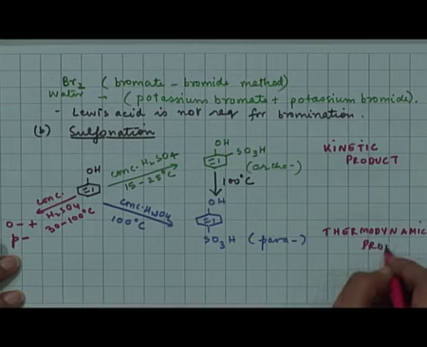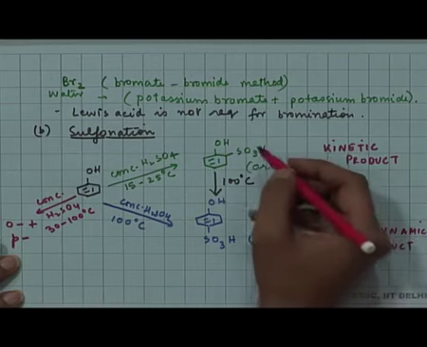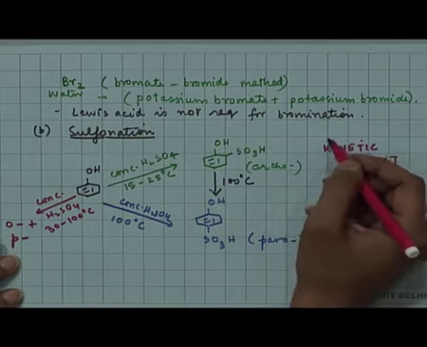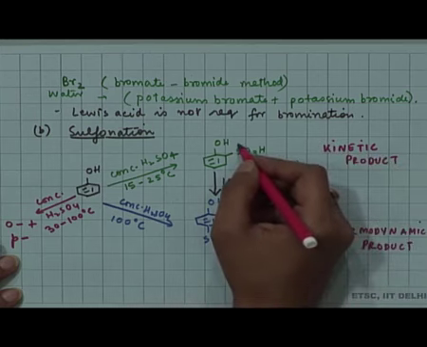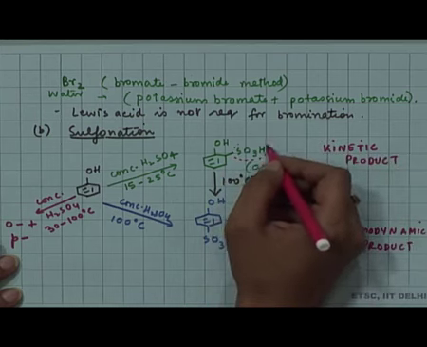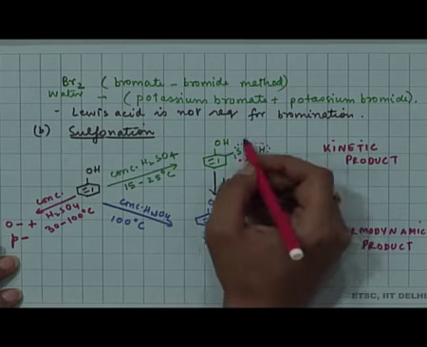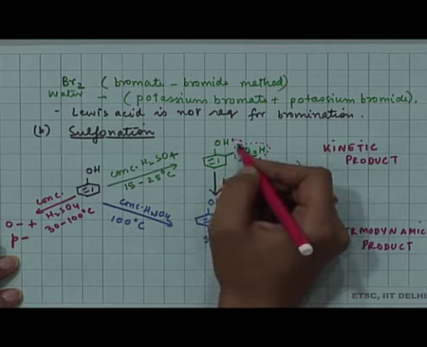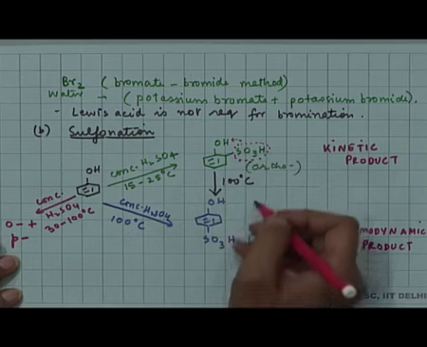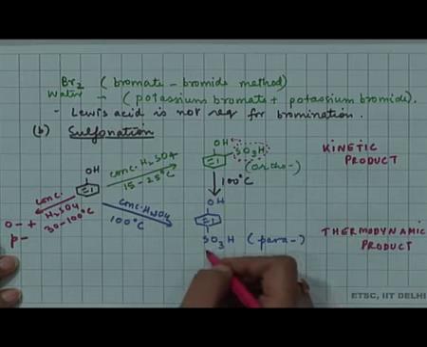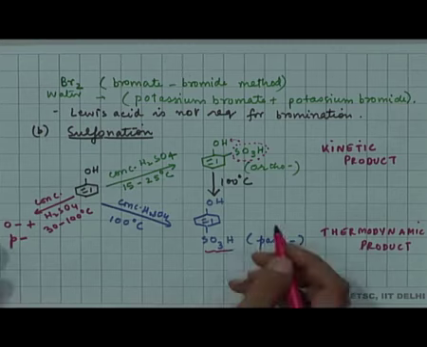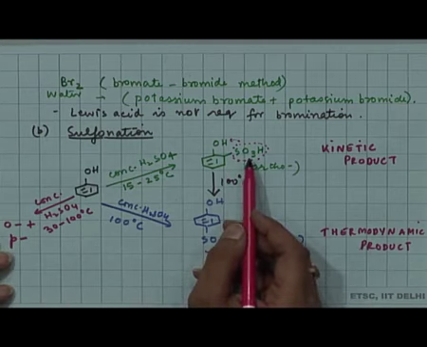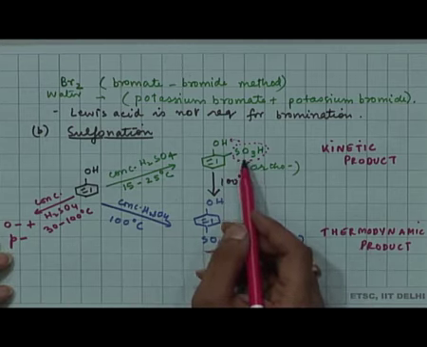So, we get a thermodynamic product, and if we heat it at high temperature, the sulfonic acid is a very bulky group. It will not like to stay at the ortho position next to the hydroxyl, and therefore it will migrate and prefer to stay at the para position at a high temperature, because the ortho position is not the most thermodynamically favorable position for the sulfonic acid.